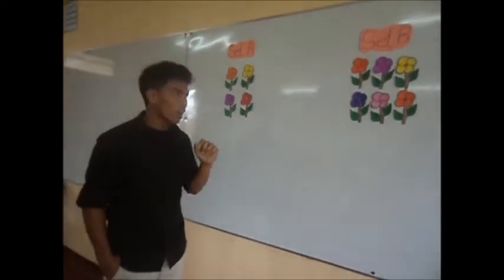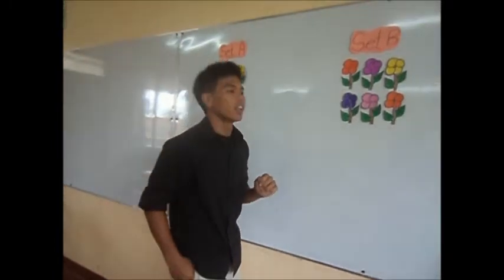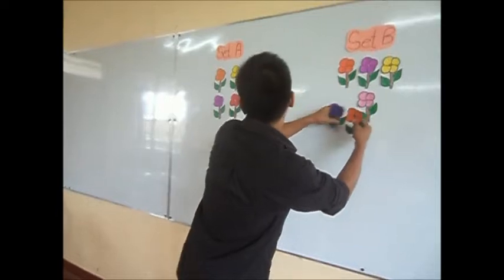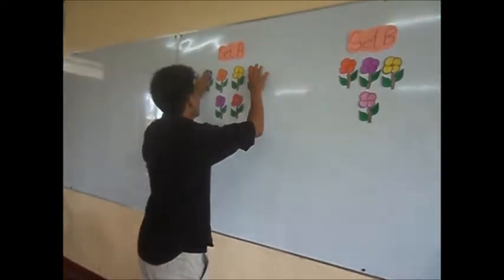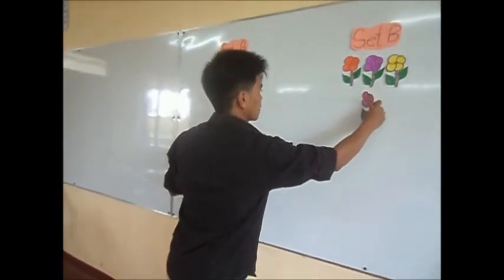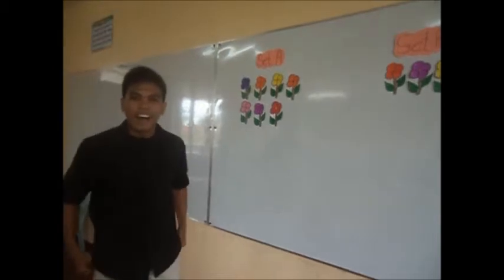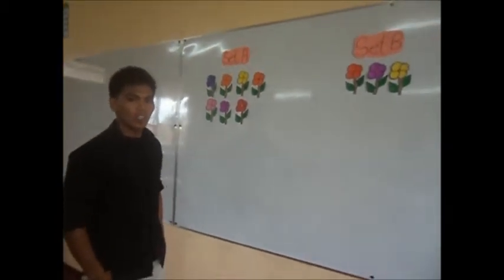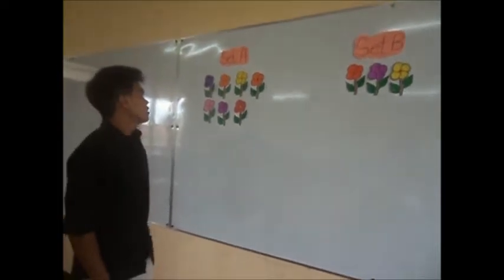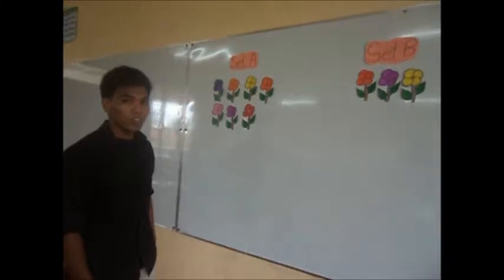What if I change the position of the flowers? What will happen? Let us try. Now I'm done changing the position of the flowers. So, let us count set A. Can you count with me, children?